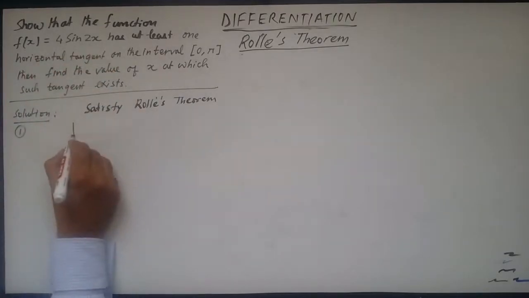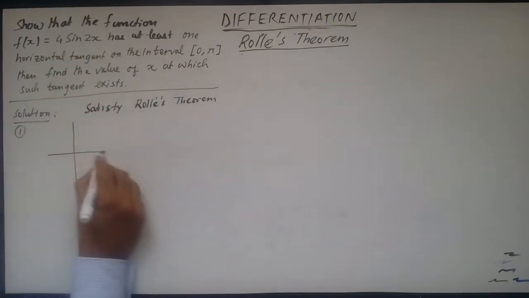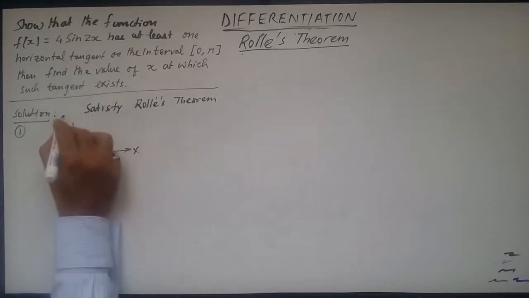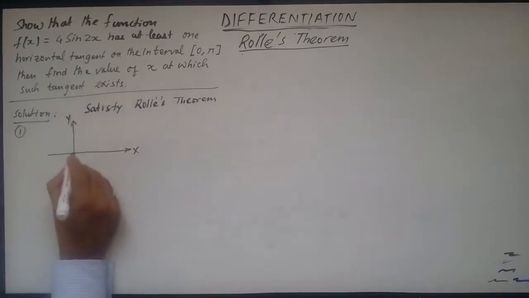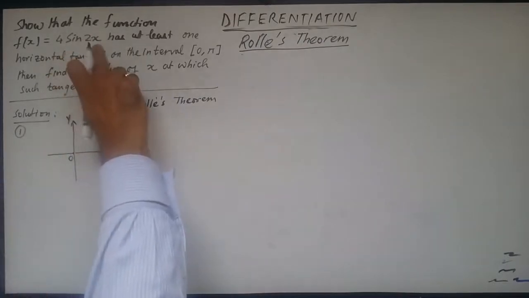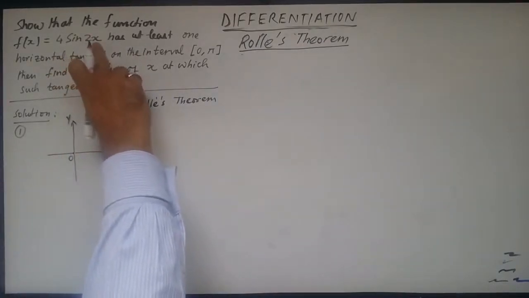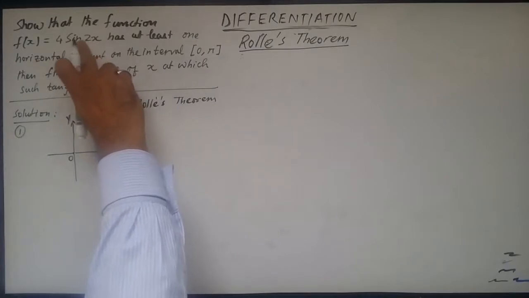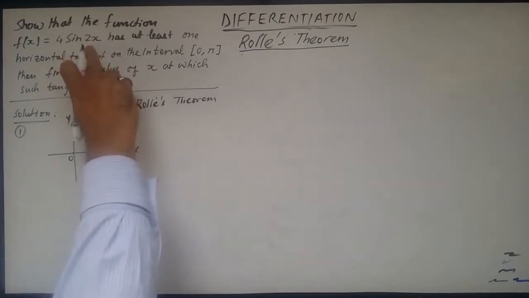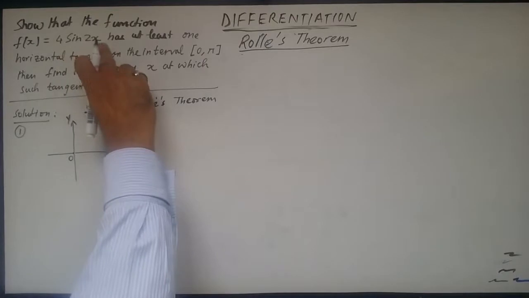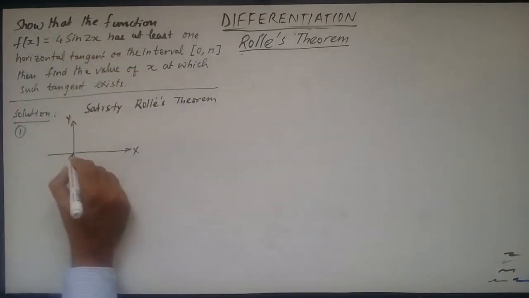Let's plot y = 4 sin 2x on the xy plane. Okay, so let's take point 0. Since this is sin of 2x, when is sine of any angle 0? When 2x is equal to 0, so x is equal to 0, and the value of sin 2x is 0.